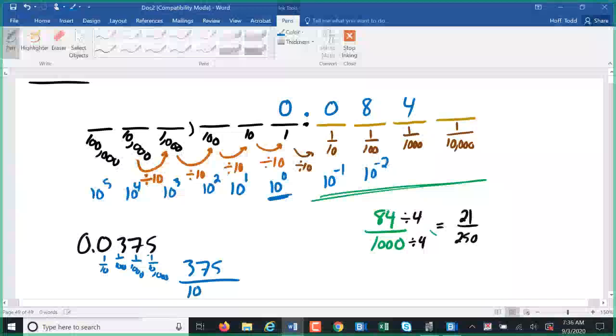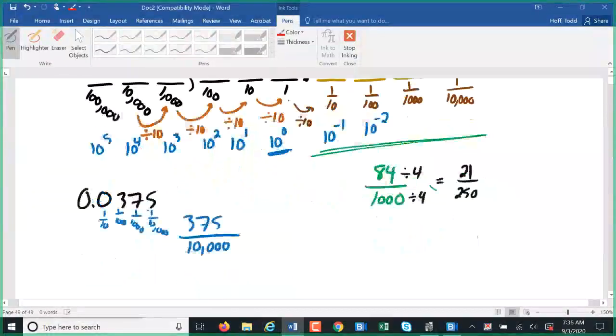So my denominator on that equivalent fraction is 10,000ths. Another way to double check that, there's 1, 2, 3, 4 decimal places in the decimal. There has to be 1, 2, 3, 4 zeros in that denominator. And of course, that can be reduced.